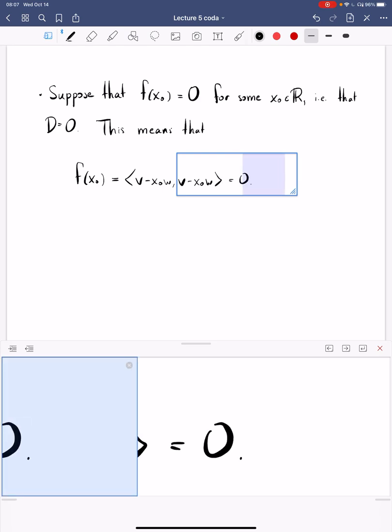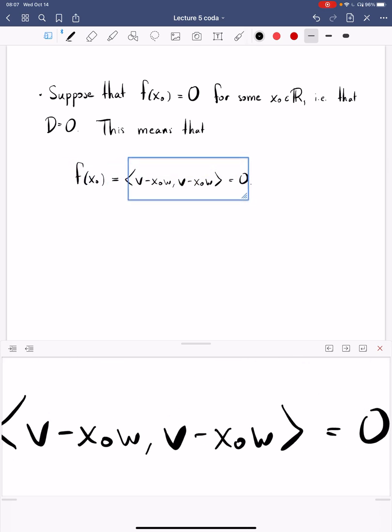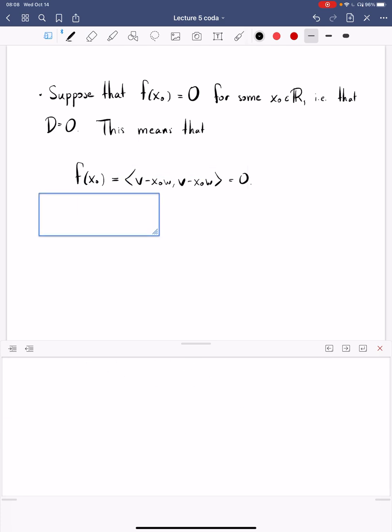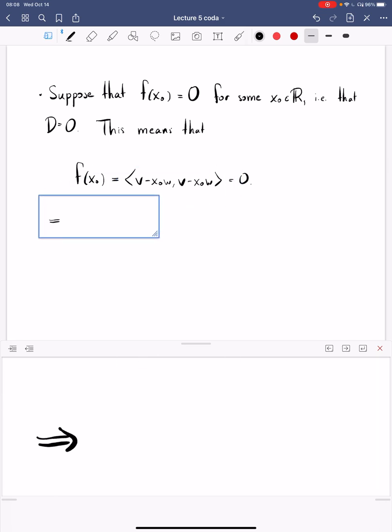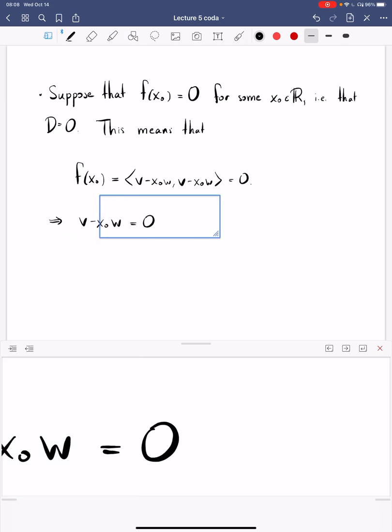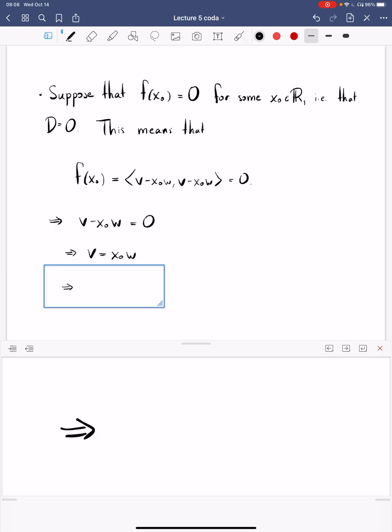And now what does that tell us? Well, so this is one of the axioms for the scalar product. This is the scalar product of a vector with itself, okay? And in order for the scalar product of a vector with itself to be equal to 0, that vector has to be the 0 vector. So this implies that v minus x0 times w is equal to 0, which in turn implies that v is equal to x0 times w, which says that v is a scalar multiple of w, right?